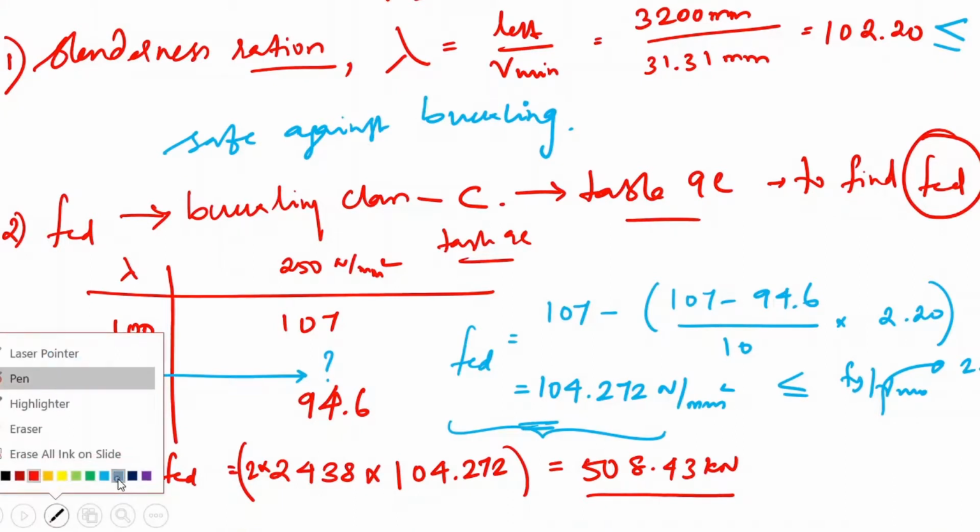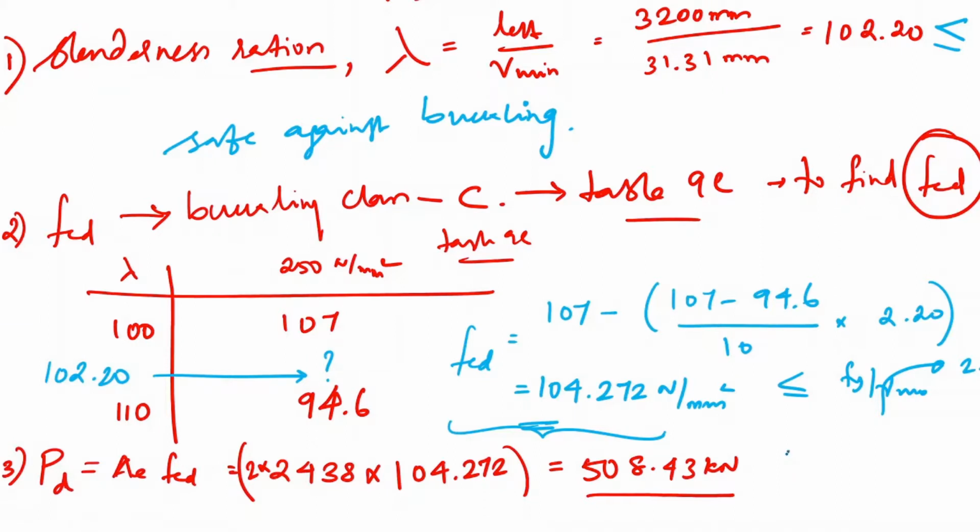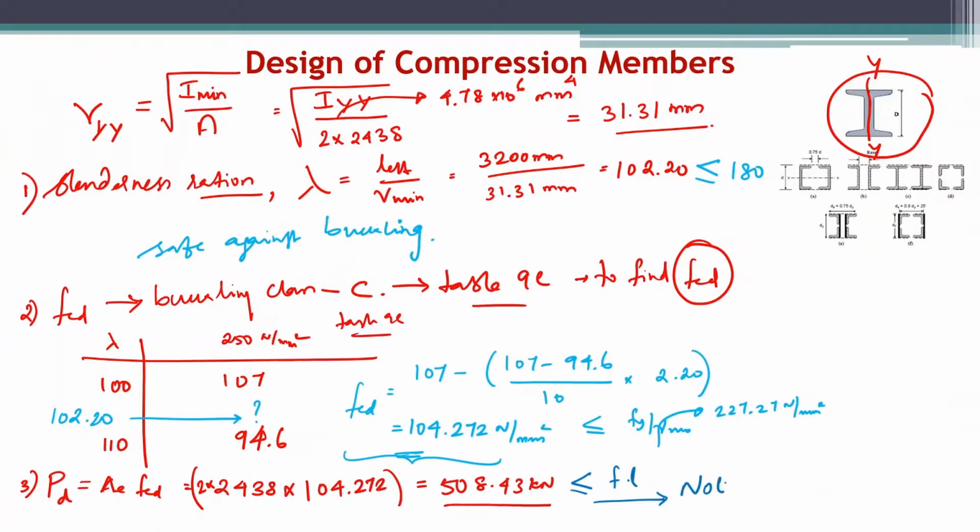So the conclusion is, since it is less than the applied factored load, the chosen column is not safe. If you apply 600 kilonewton of factored load, I am sure this column will fail because it does not have that strength to withstand the applied load.